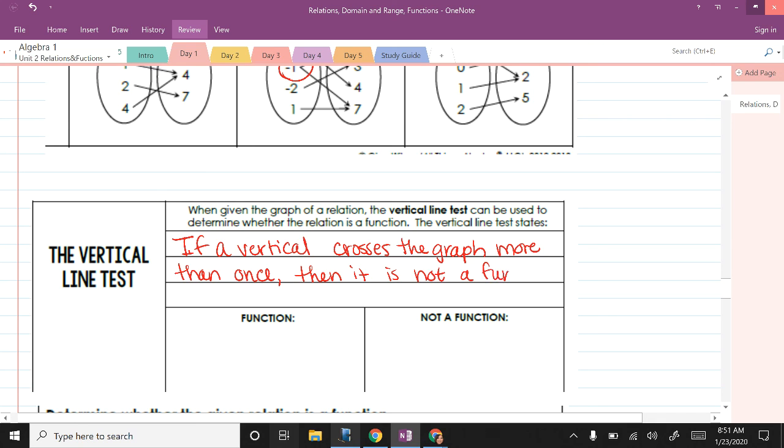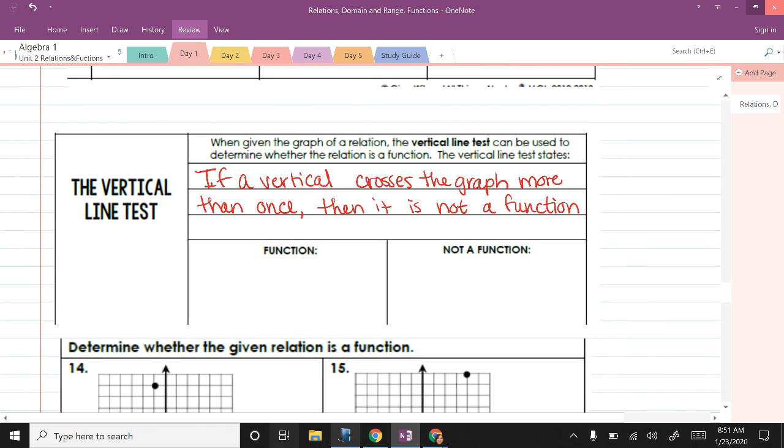So we call that failing the vertical line test. If you draw a vertical line anywhere on that graph and you're touching that graph more than once, then it is not a function.